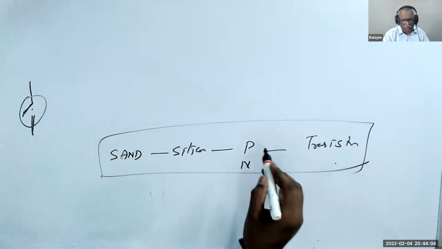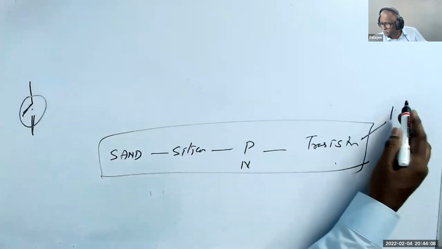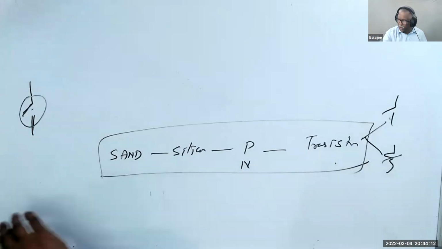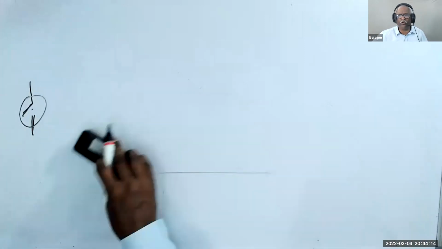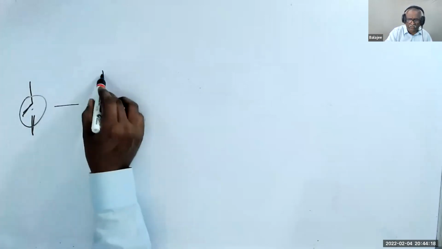In the transistor, there are 2 types: switch or regulator. Now we are not worried about that. The electronics ends there. Switch, digital electronics. From the switch, we derived gates.